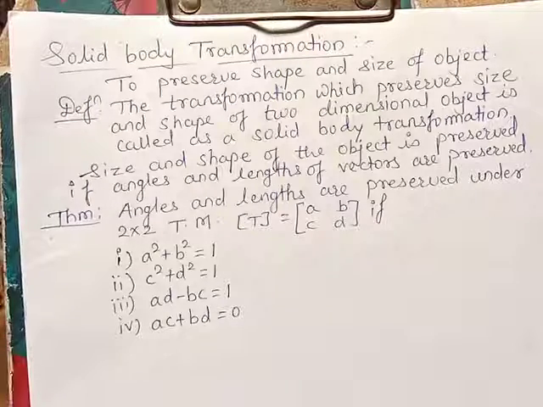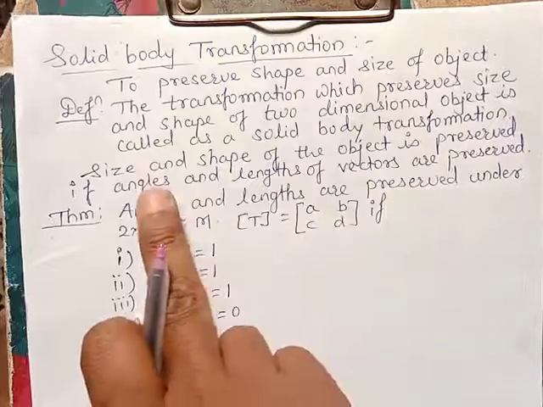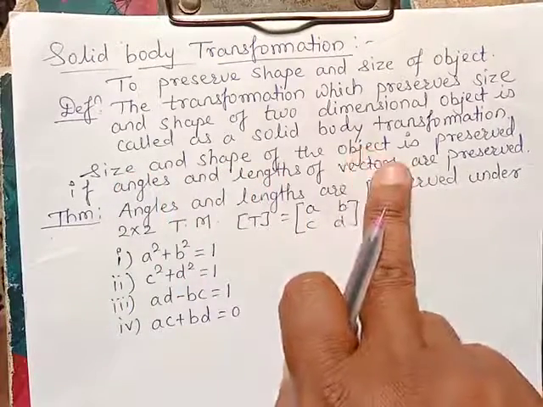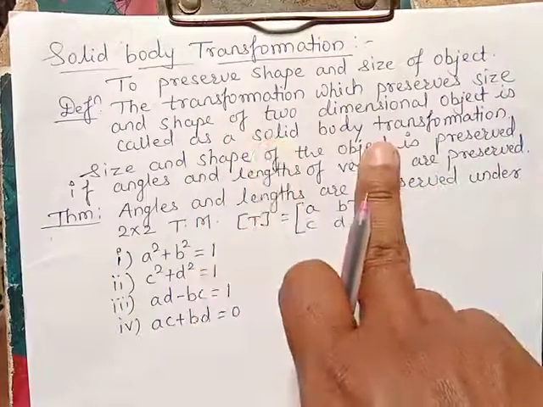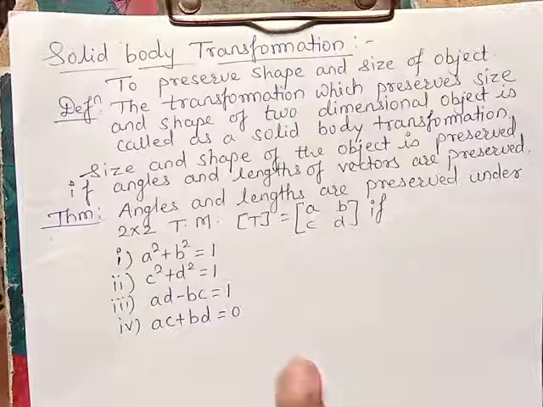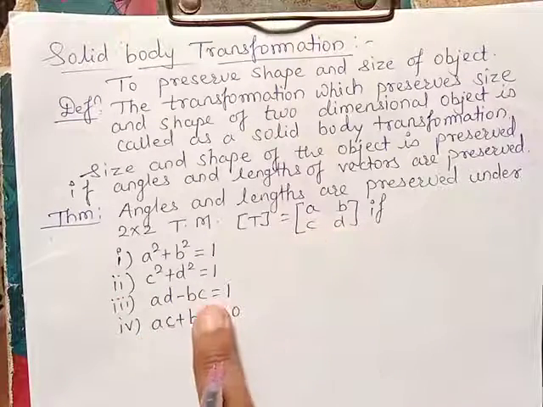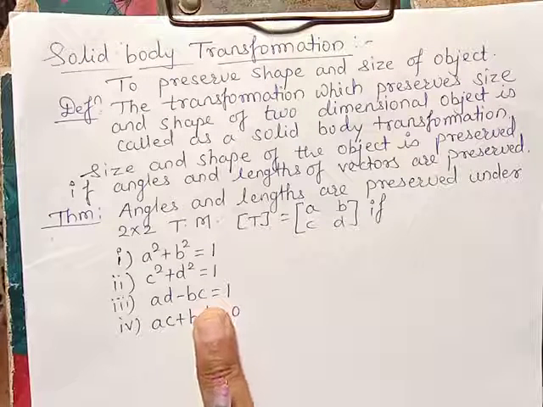If these four conditions are satisfied, then we can say the angles and lengths are preserved. And if angles and lengths are preserved, then the size and shape of the object is preserved. That is, if size and shape of an object is preserved, then that is known as solid body transformation. So these are the conditions on the transformation matrix for it to be a solid body transformation.